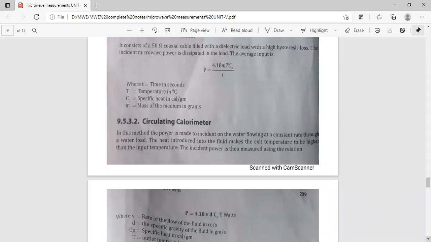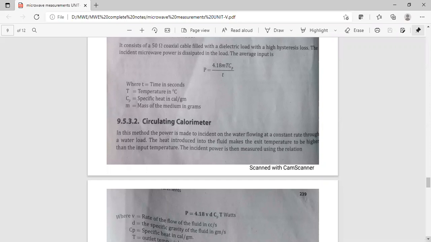Generally the calorimetric method is useful to measure very high powers. In a bolometer also, microwave energy is converted into heat energy, and that heat energy varies the resistance. The variation of the resistance is proportional to the power.